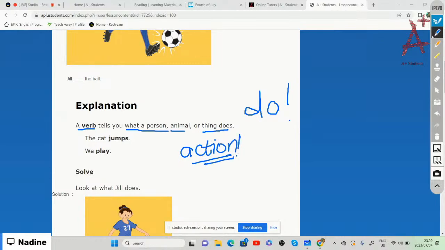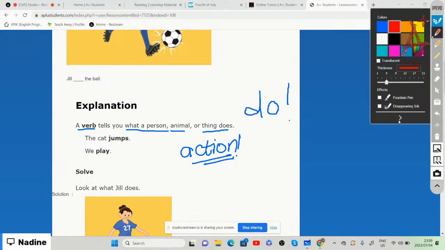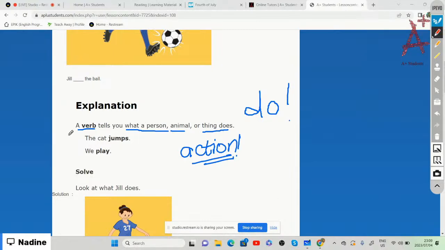It shows action, right? So, for example, the cat jumps, right? The cat jumps. What do you think is the verb within that sentence, right? Remember, it says what the person, animal, or thing does.